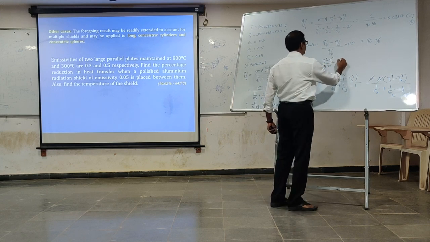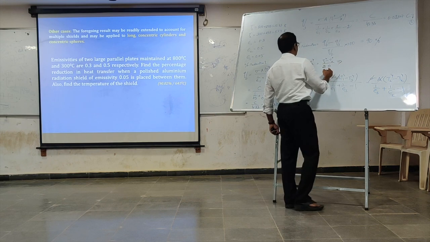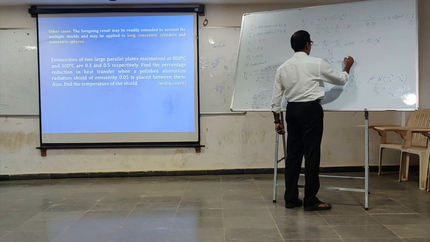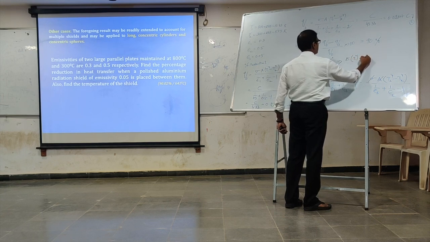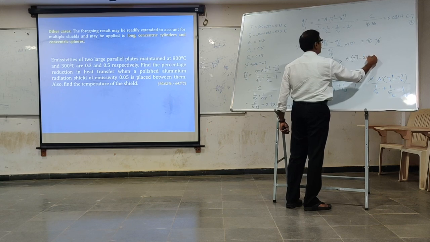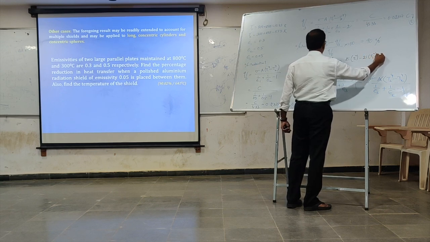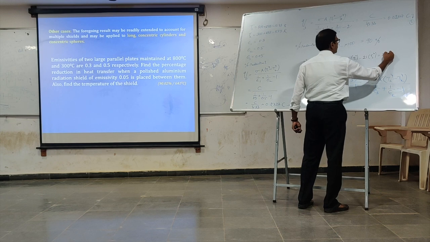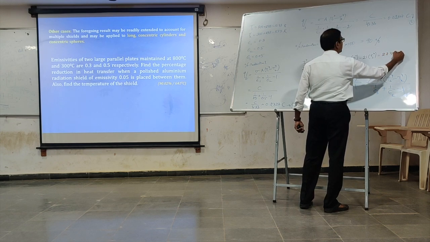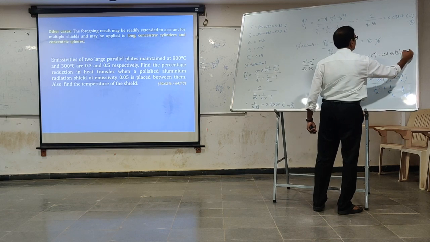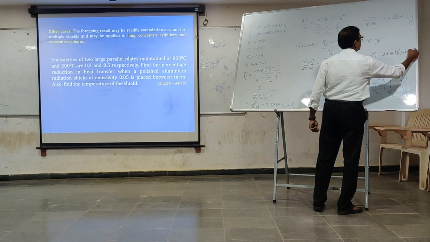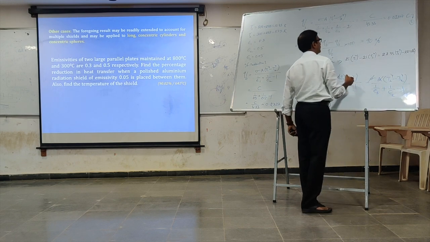So then, 21 into T1 to the power of 4 minus 21 into Ts to the power of 4 is equal to 22.33 into Ts to the power of 4 minus 22.33 into T2 to the power of 4.